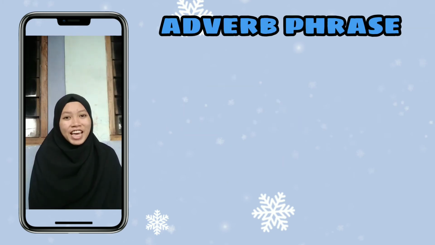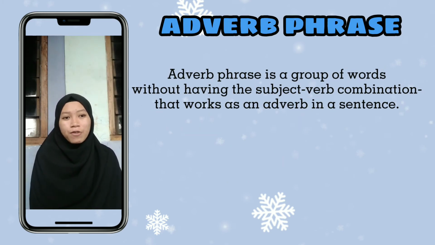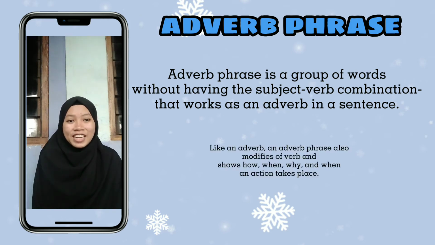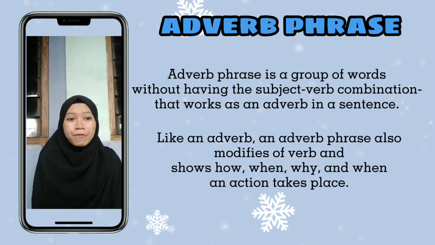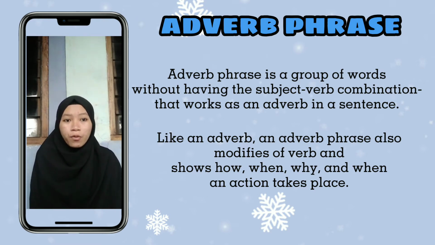Adverb phrase. Adverb phrase is a group of words without having the subject-verb combination that works as an adverb in a sentence. Like an adverb, a phrase also modifies a verb and shows how, when, why, and where an action takes place.